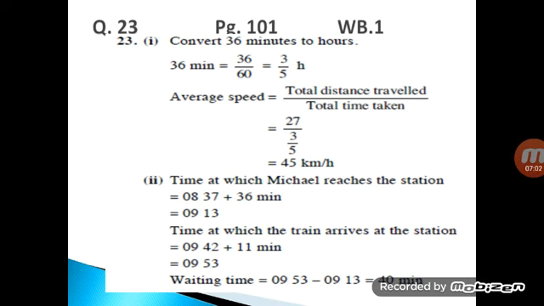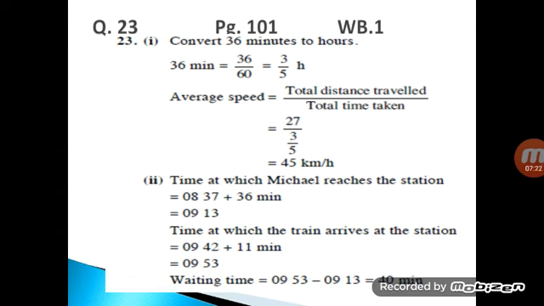So the arrival time is 9:13, after adding the departure and journey time. The time at which the train arrives at the station is 9:42 plus 11 minutes, which was the late time. So the arrival time of the train on the clock is 9:53.